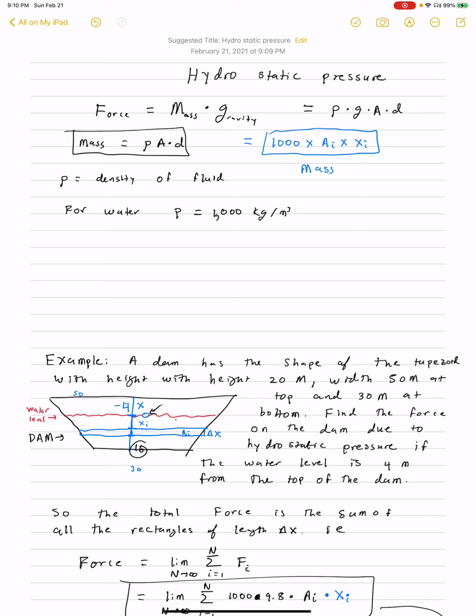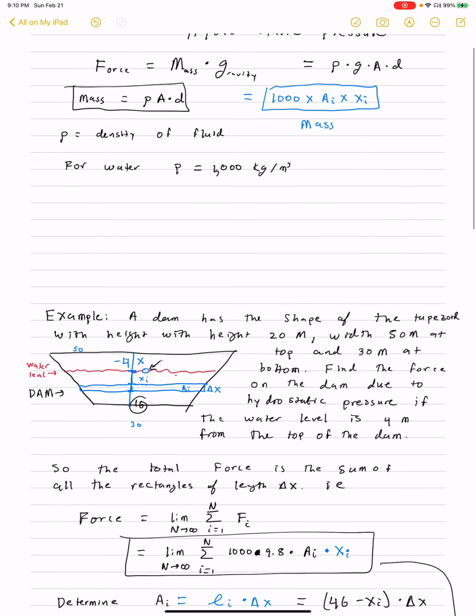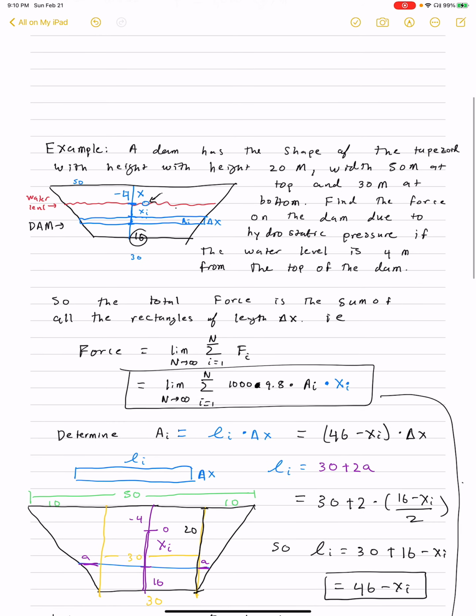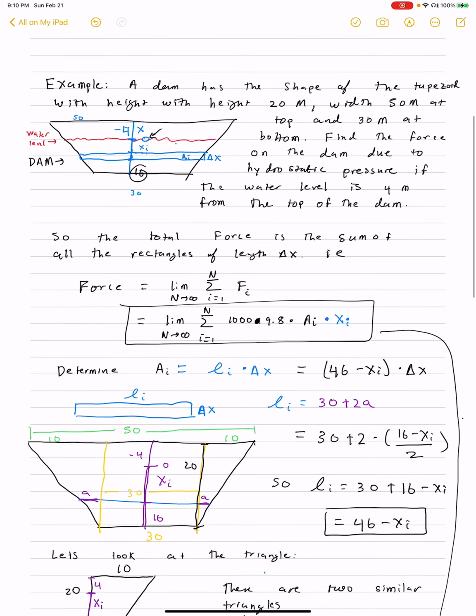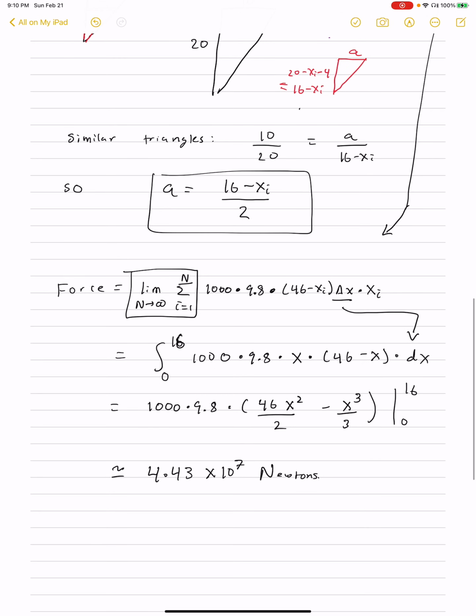Now, your distance could be in terms of x or it could be in terms of y. It depends on the situation. But your end goal is, once you determine area and distance, you're going to have a limit. And this limit comes from this definition. It's the sum of the forces as you take infinitely many subdivisions. So anyway, once you do that, you'll be able to calculate it. You'll get an integral that looks like this.